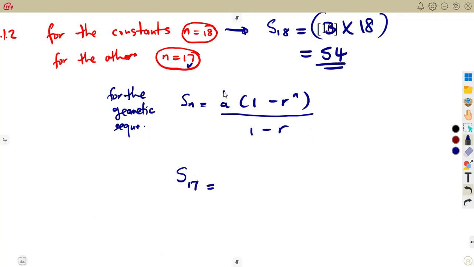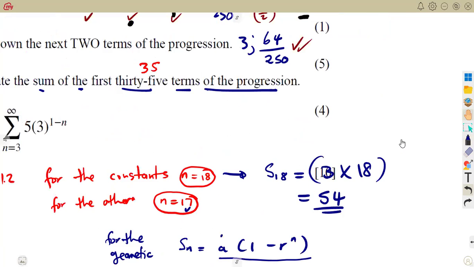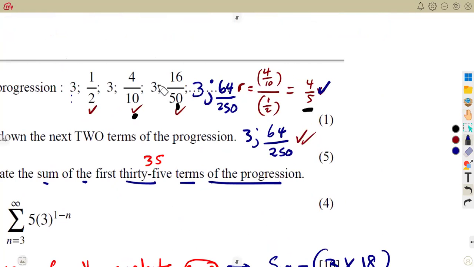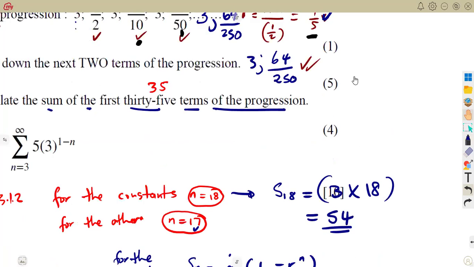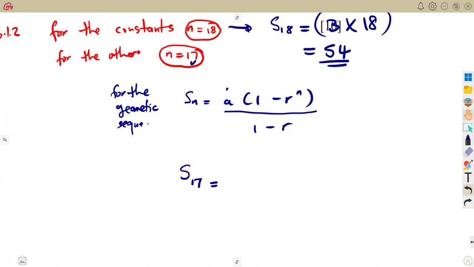So a being the first term of these terms, which are not constants. So we are starting with this one. This is our first term, second term, and so on. We are considering the other terms, this one, not the constants. So our first term there, which is a, is 1/2.